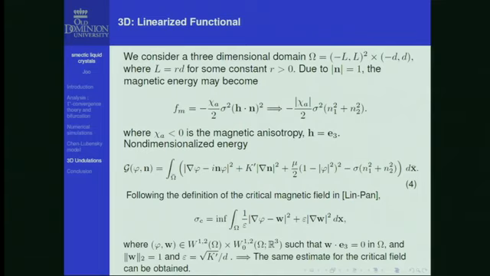And then with this constraint n equals 1, this is the magnetic energy that we use. So with that magnetic energy and free energy, we non-dimensionalize it. Since it is three-dimensional, we didn't want to use this angle notation. So we just stick with that weak formulation for the critical field that was given by Helfrich and Hurault, or previously Leslie.